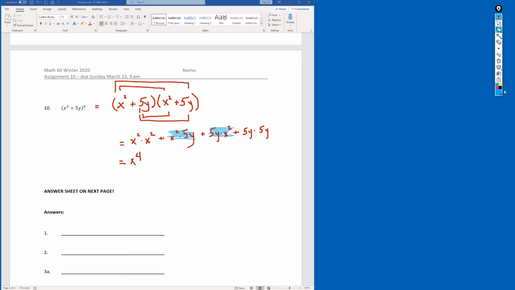They're written in a different order, but we can fix that. Let's just put the coefficient in the front. This is the same as saying 5x squared y, and this is the same as 5x squared y.